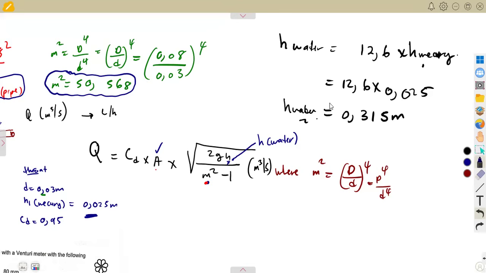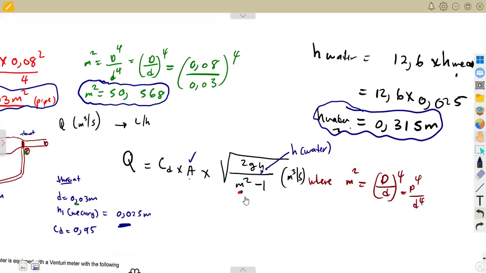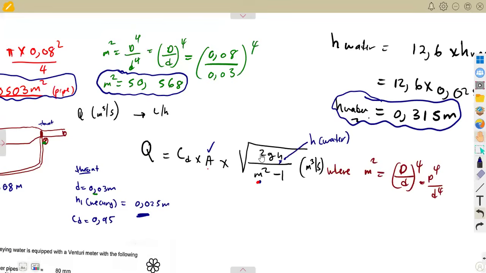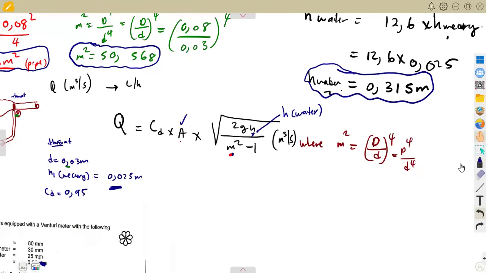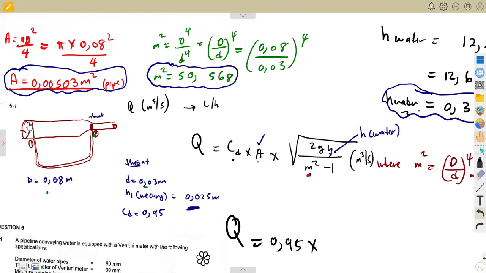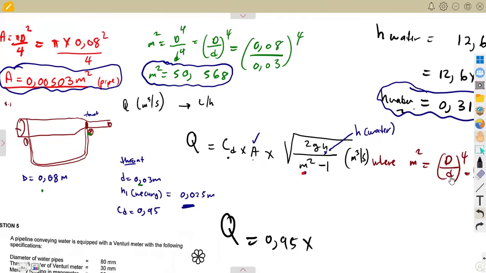So everything that we need on our formula is there, the head of water, m squared, and also the area of the pipe. So with this, we can calculate the delivery in cubic meters per second. Take note of the units that you're going to have first. So the delivery is the coefficient of delivery, which is 0.95, times the area of the pipe. Remember, the area of the pipe we calculated as 0.00503.